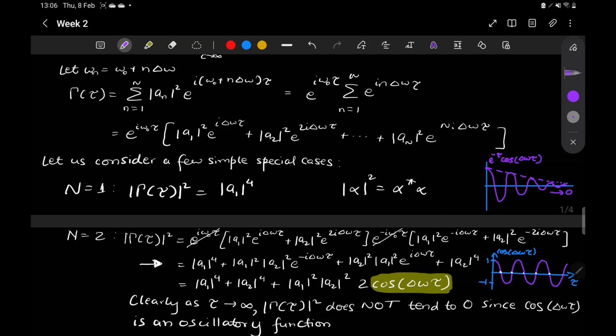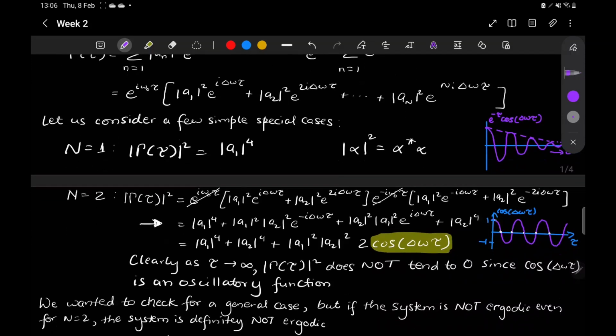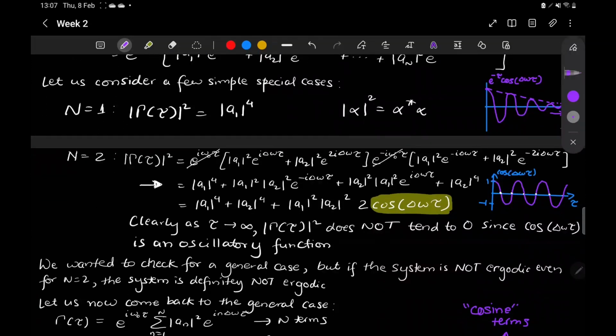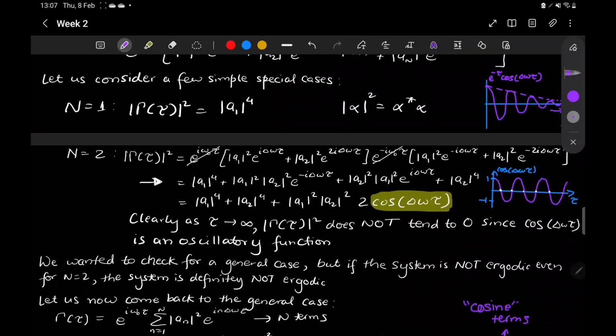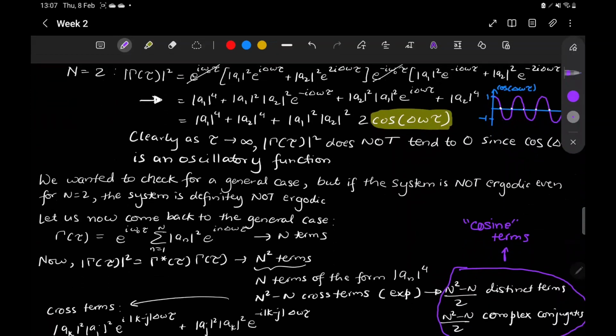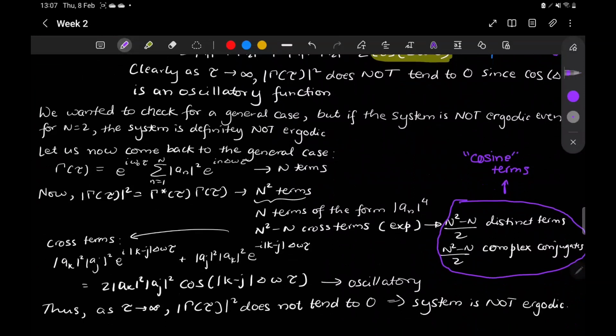Something like this will be tending to 0 as tau tends to infinity. But simply cosine delta omega tau will not tend to 0. So I hope I have made myself clear.